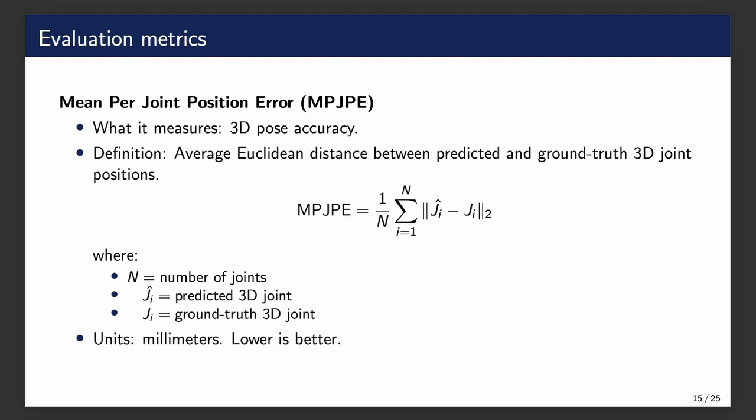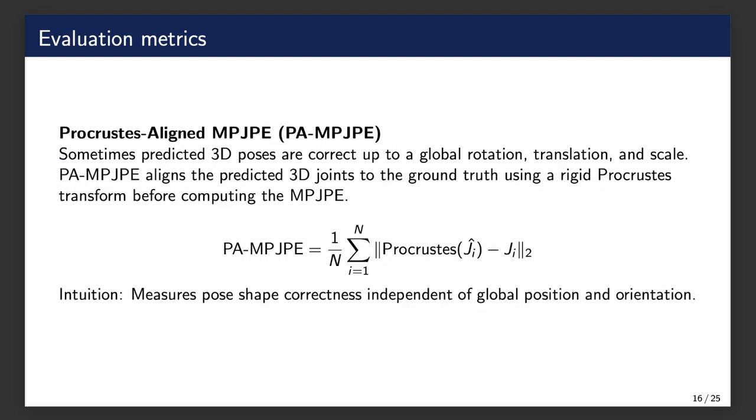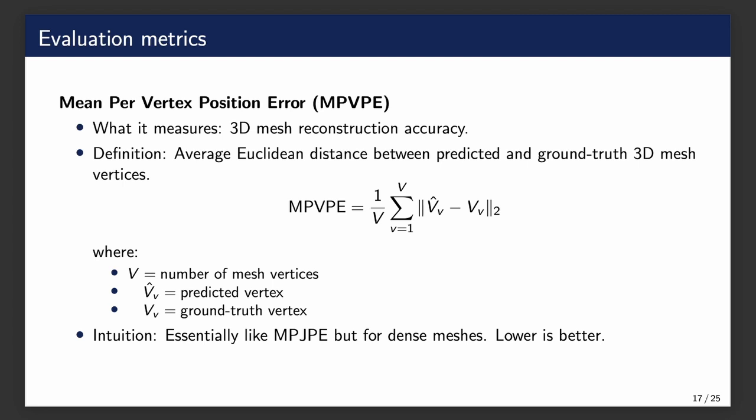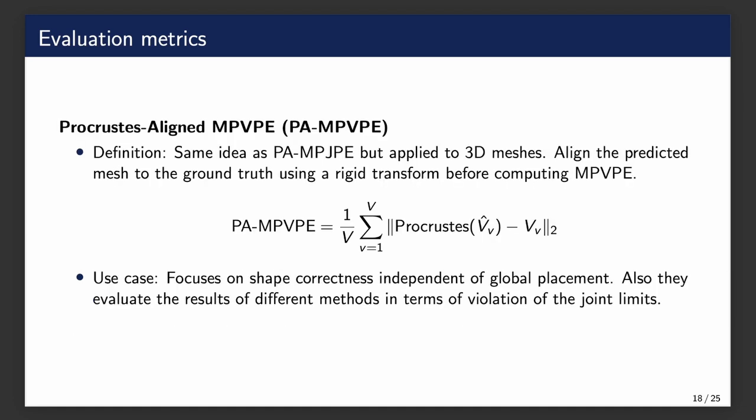Also, it is to note that the measure units are millimeters. Then we have the Procrustes aligned mean per joint position error. It's almost the same metric, but uses the alignment to measure pose and shape correctness independent of global position and orientation. Then we have the mean per vertex position error. This, instead of the joints, measures the error of the dense mesh reconstruction. And we also have its Procrustes aligned version as well.